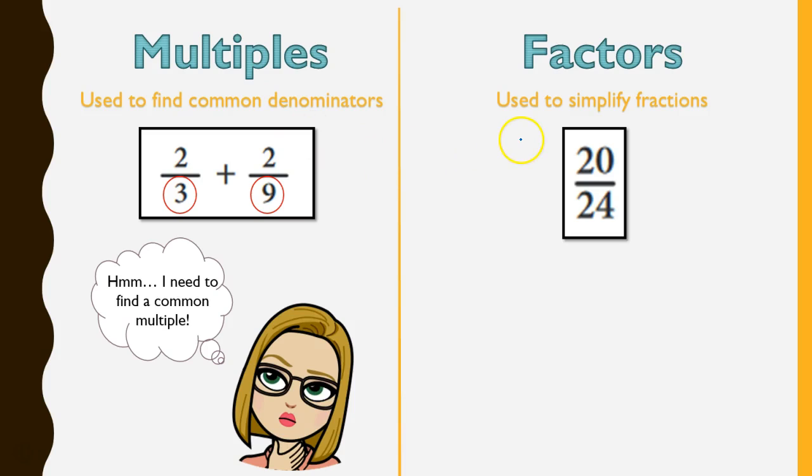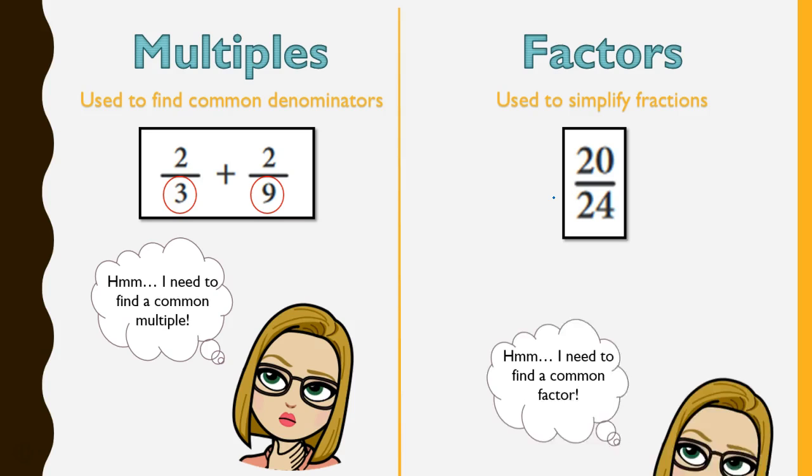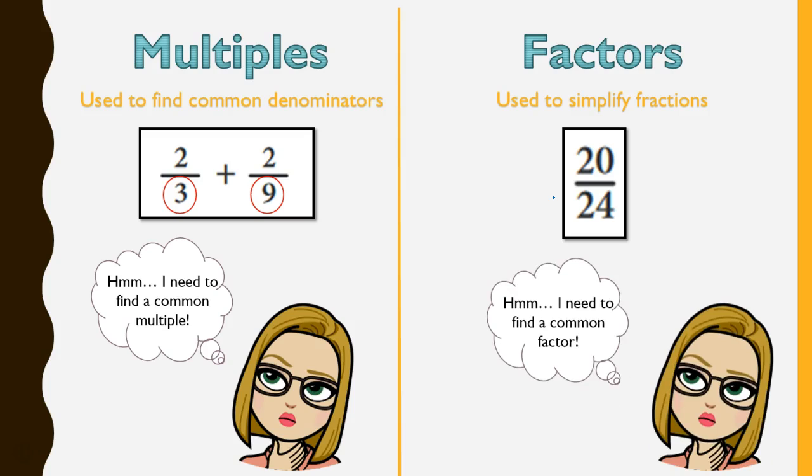Now over here, when I see a fraction like this with maybe some larger digits, I need to think, I need to find a common factor so I can simplify it. So that is when we would use the skill of finding the greatest common factor when we need to simplify our fractions.